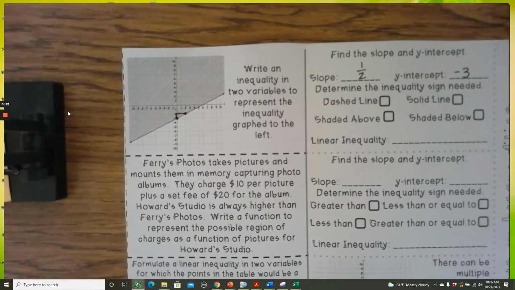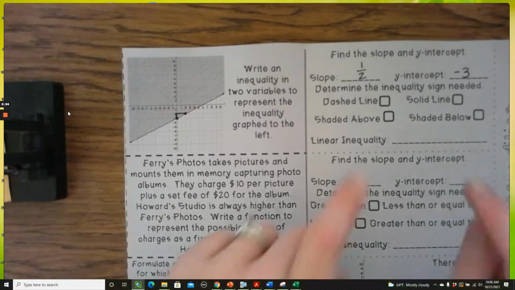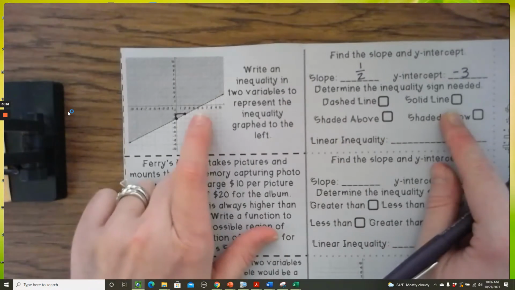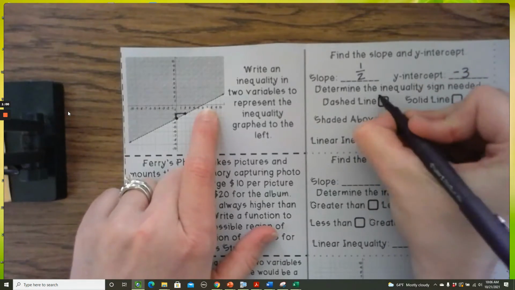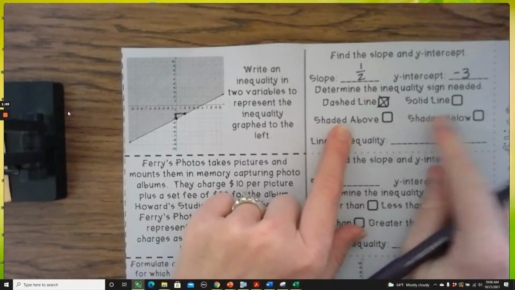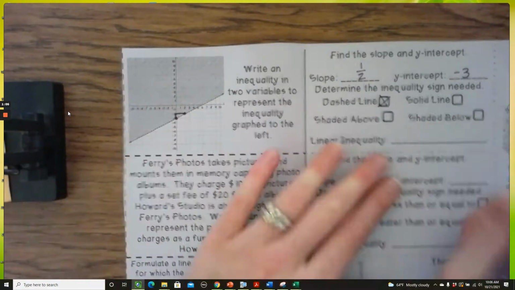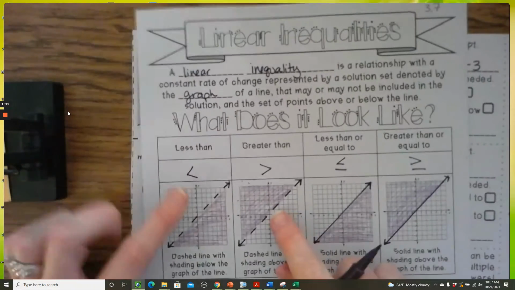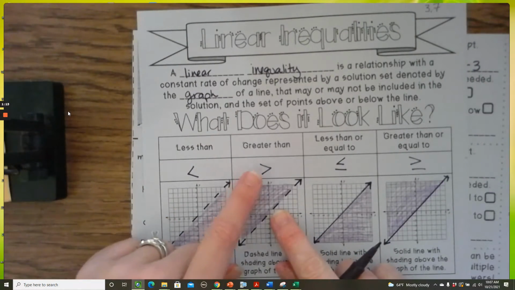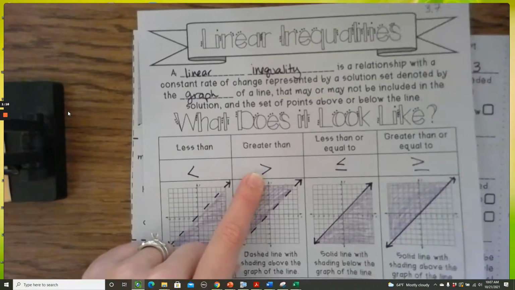Now we have to determine what inequality sign we need. So do we have a dashed or a solid line? I know it's hard to see in the video, but you should be able to tell on your page that this is a dashed line. And then is it shaded above or below? It's shaded above. And so the previous notes that we just did. If we want a dashed line and we want shaded above, we need the greater than symbol.